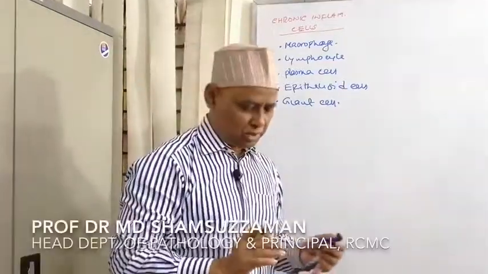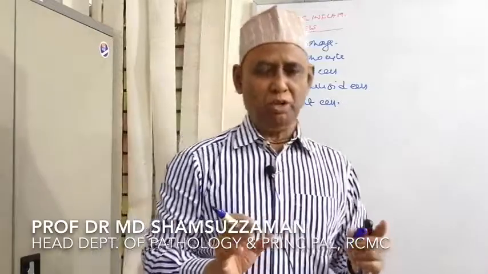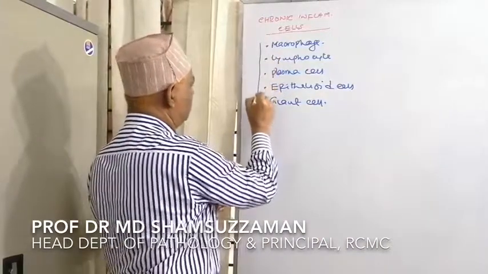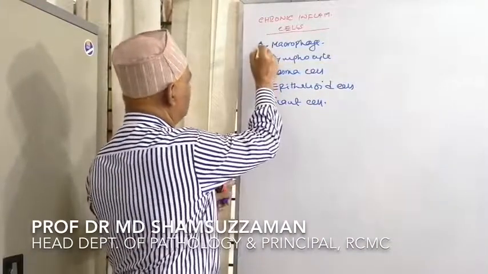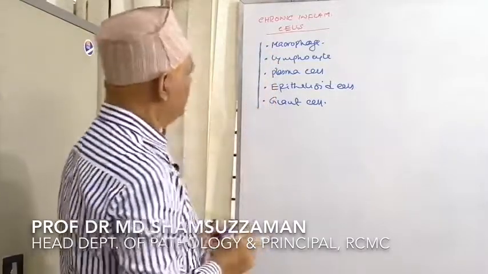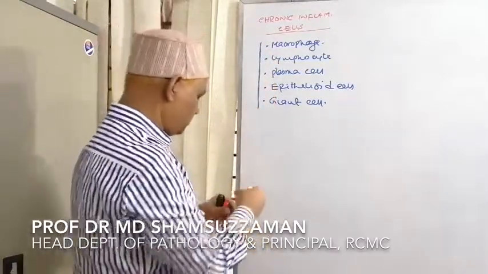We can recapitulate. There are acute inflammatory cells like neutrophil, eosinophil and basophil, and these are the chronic inflammatory cells. At the site of chronic inflammation, these chronic inflammatory cells are found. Now come to first macrophage.